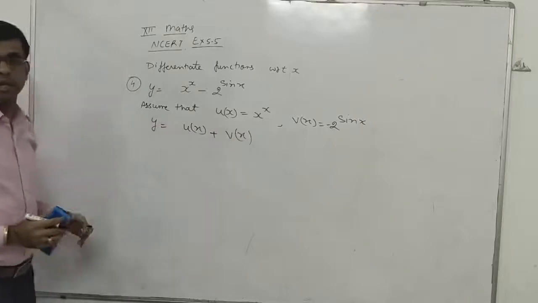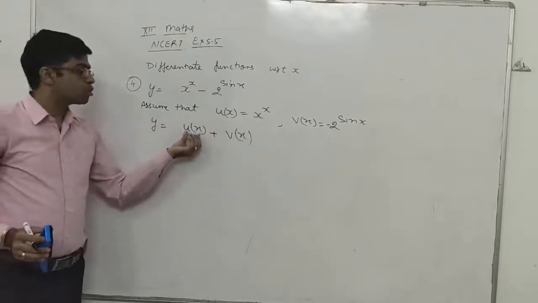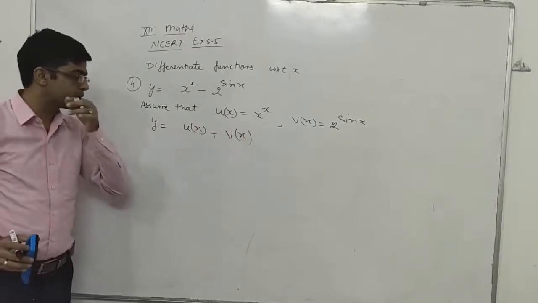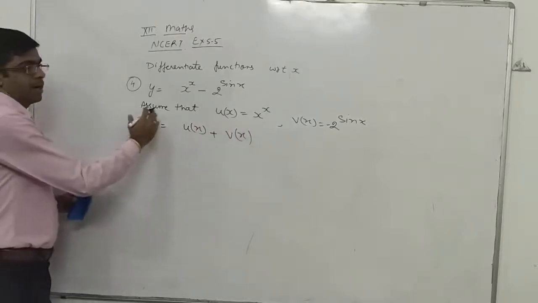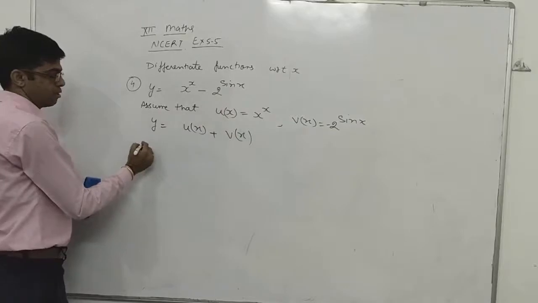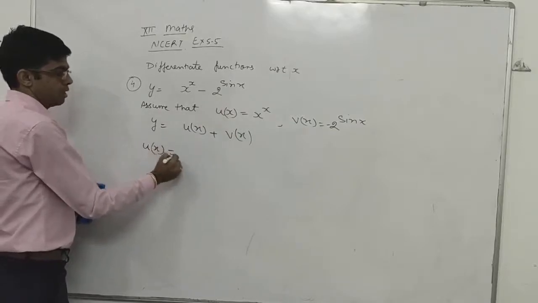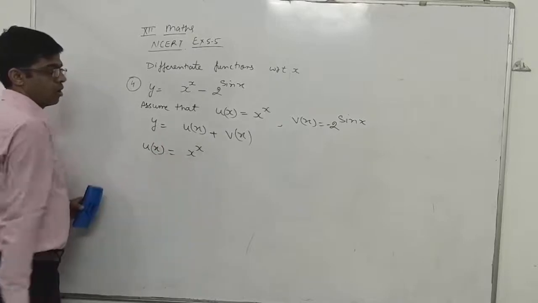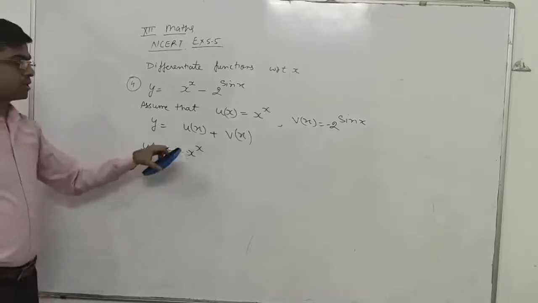This y function is composed of these two functions, x raised to the power x and minus 2 raised to the power sin x. So separately we will do the differentiation. Now u(x) is equal to x raised to the power x. How will we differentiate this?